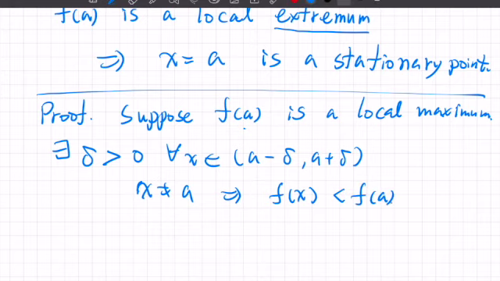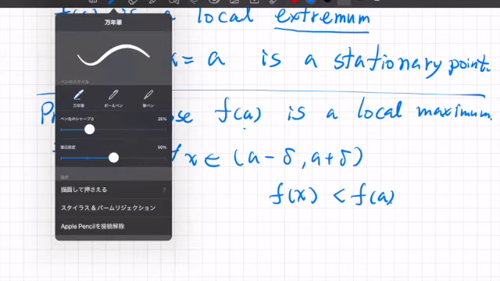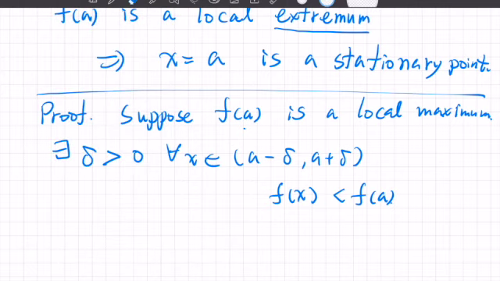But here we loosen this definition so that we may include the case where x is exactly equal to a. So if we include that case, then for all x we have f of x less than or equal to f of a. Okay.